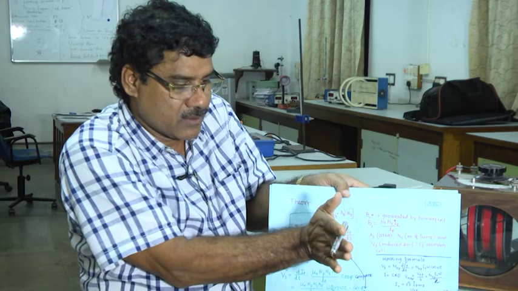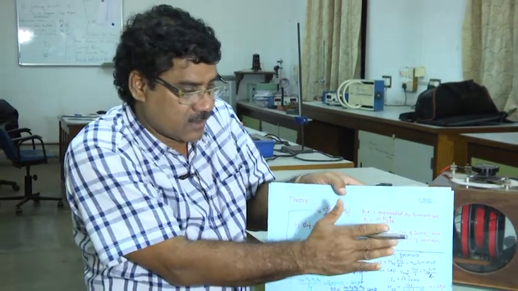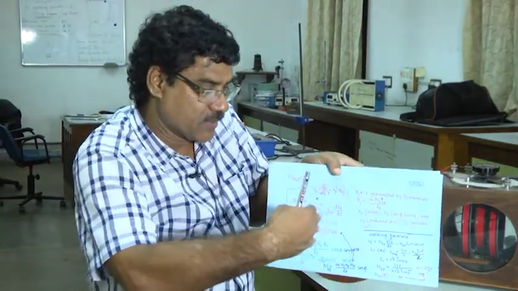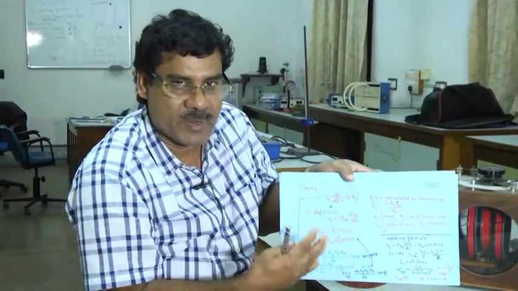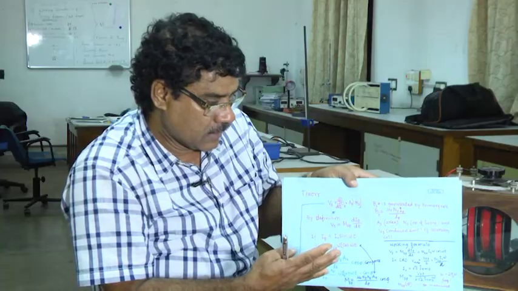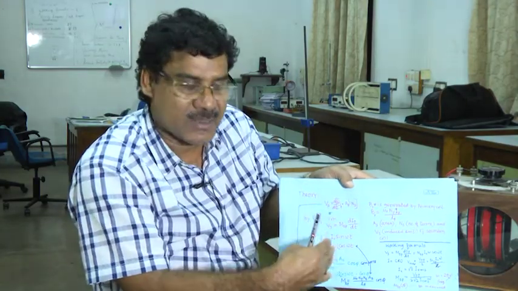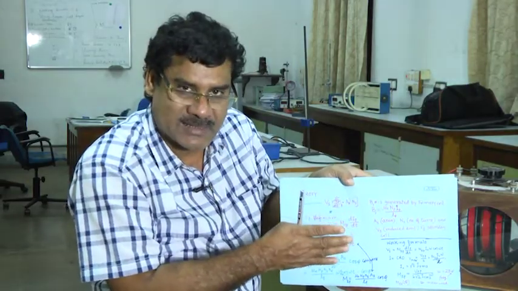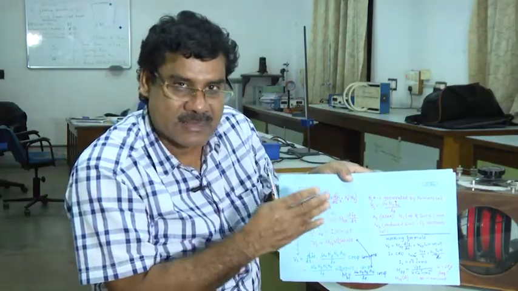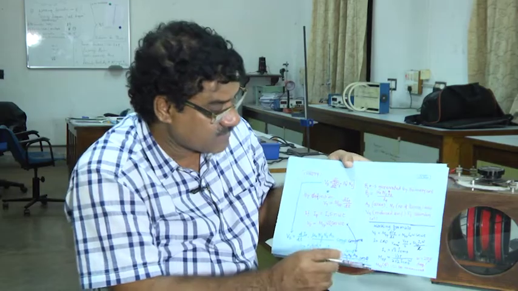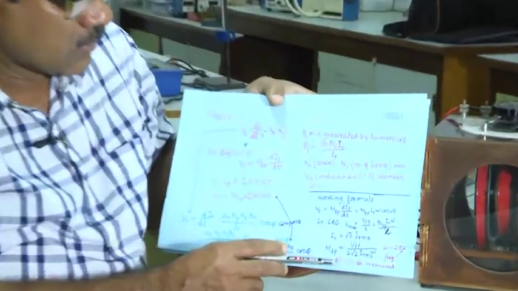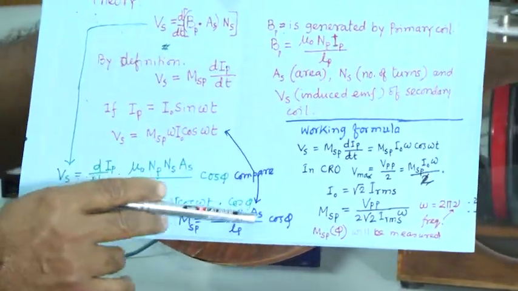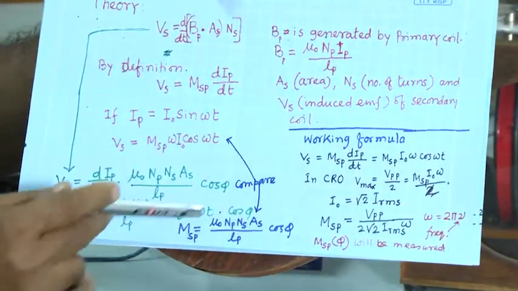If you change the angle, phi changes. So the mutual inductance depends on the angle between these two coils, it is a function of phi.